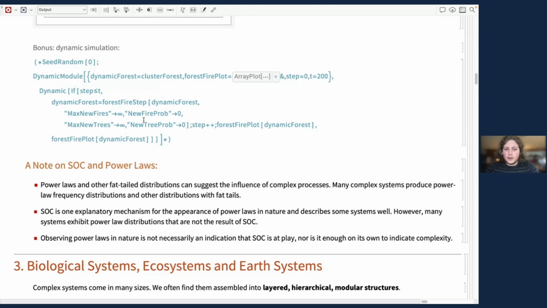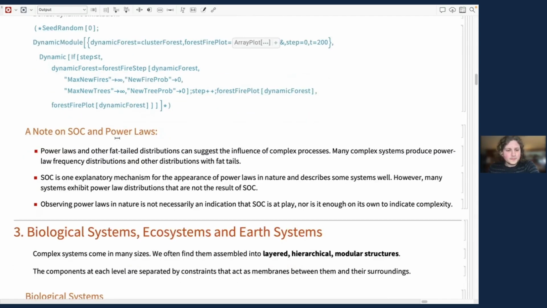So power laws and other fat-tailed distributions can suggest the influence of complex processes, but they're not the be-all and end-all. They're not the final explanation. You have to look into this further. Observing power laws in nature is not necessarily an indication that self-organized criticality is at play. It's not enough on its own to indicate complexity.